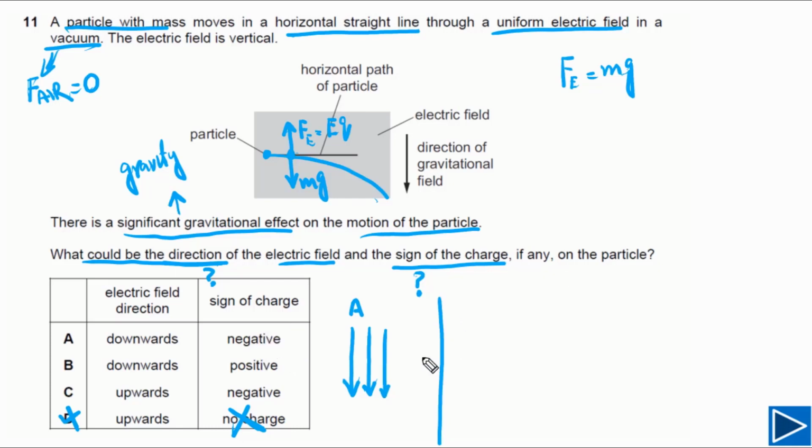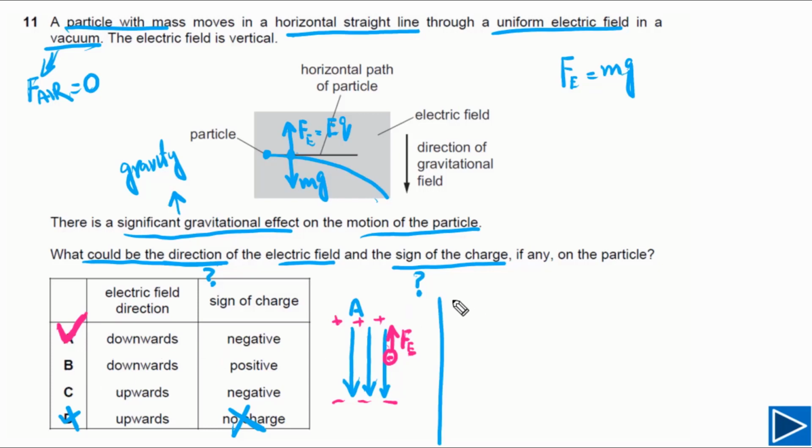Let's say this is our negative charge. We can also say this side is positive. If you're not very clear, you can also mark the positive and negative sides. The force on this particle will be up, and this is the direction of the electric force on this particle. So this is a possible option. We can say this can be the correct answer.